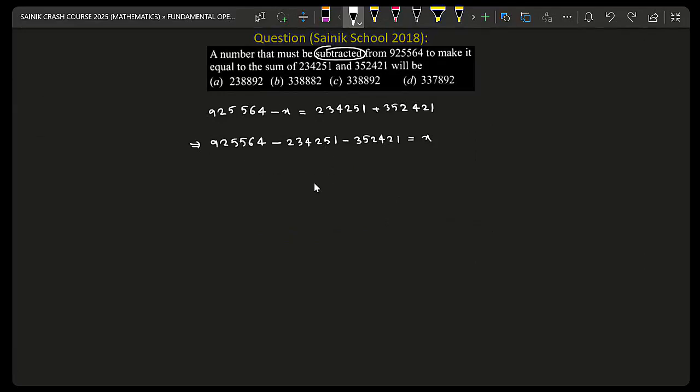We can take this minus symbol common, using the distributive property. Taking the minus symbol common means taking minus 1 common: 925564 minus, open the bracket, 234251 plus 352421, that is equal to x. That means we have to add these two first, then subtract from this number, right?